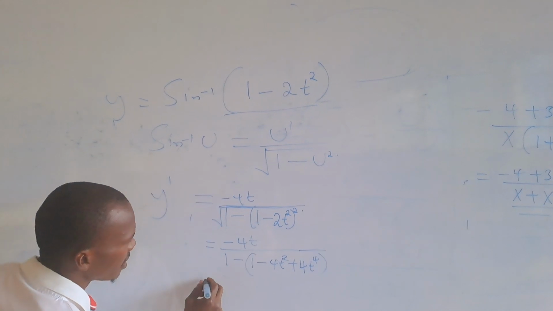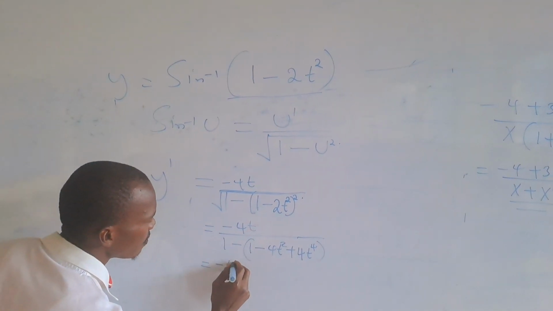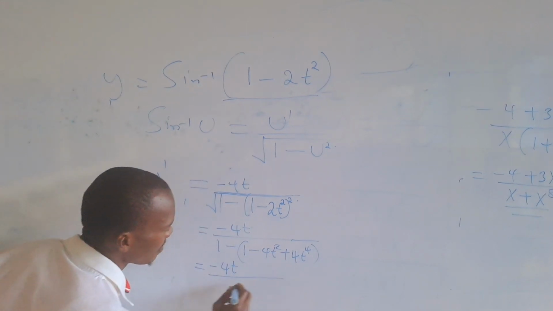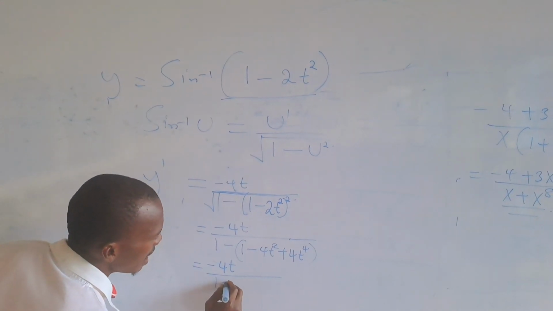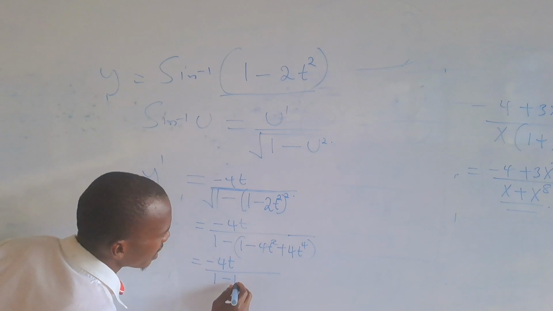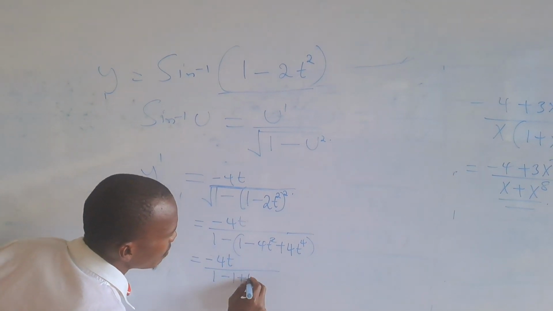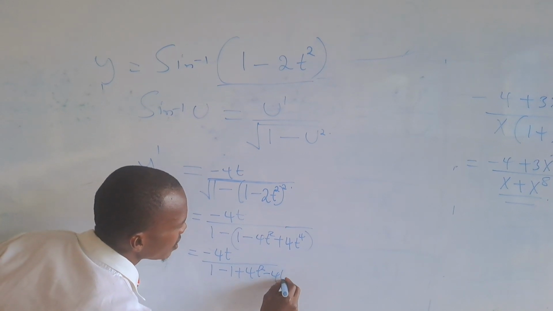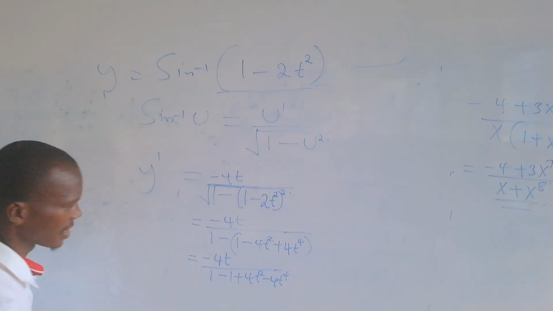So that is the same as negative 4t over 1 minus that plus 4t squared minus 4t raised to the power 4, just as that.